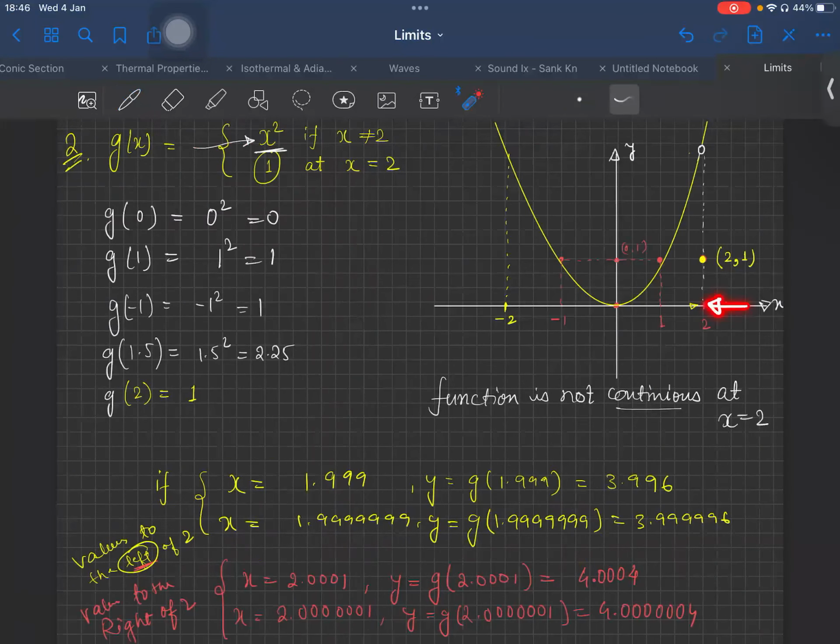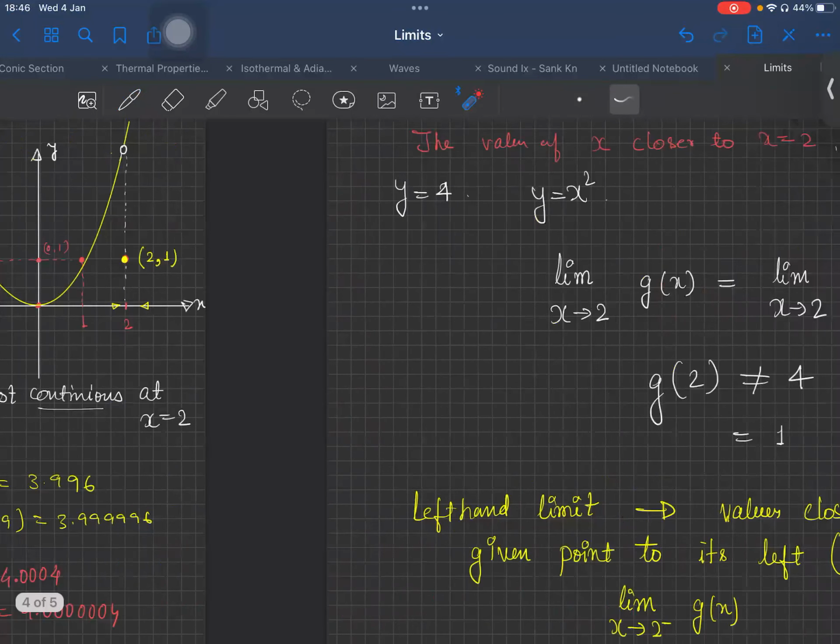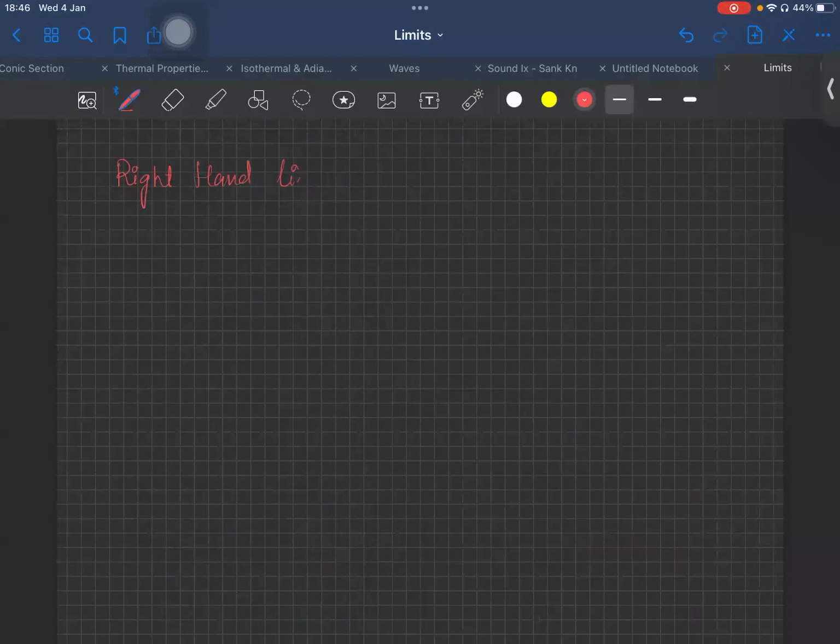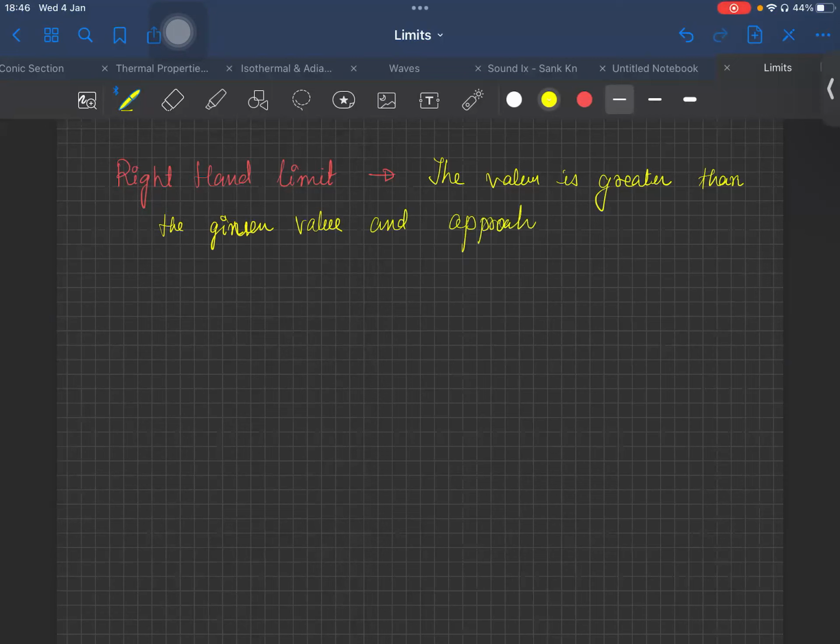So the right hand limit: the value is greater than the given point, and approaching the point from the right side.